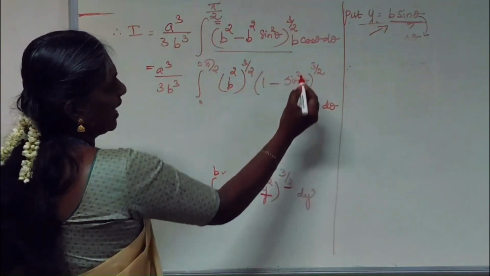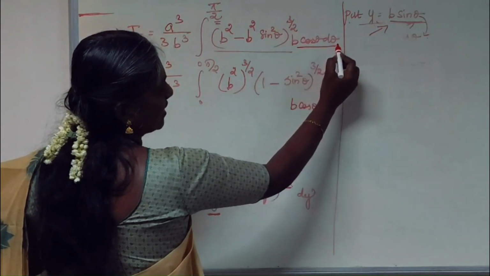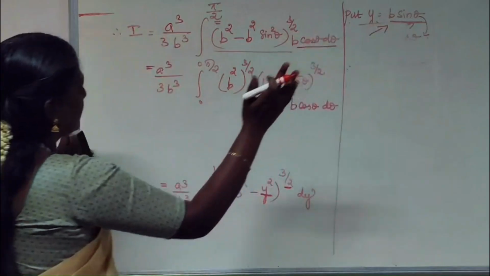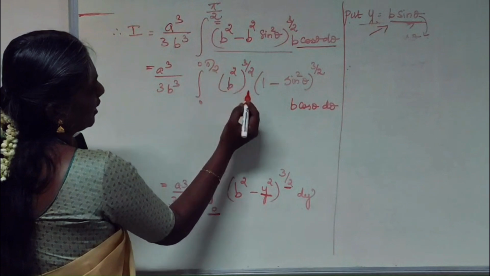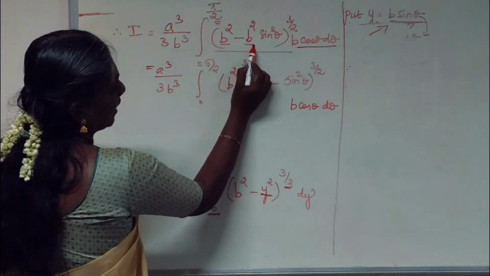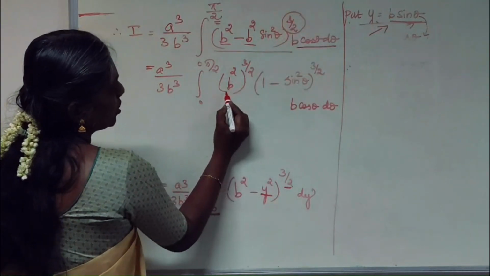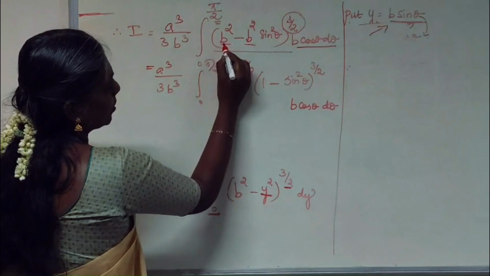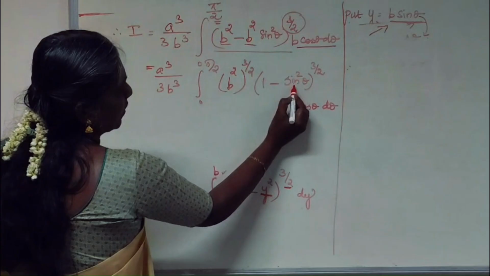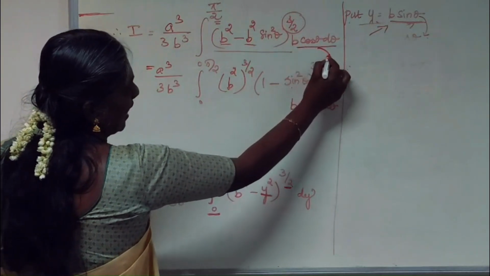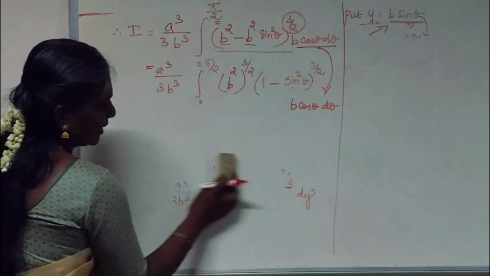And dy is b cos theta d theta. That is equal to a cube by 3b cube integral over 0 to pi by 2. I want to take one b squared outside. So b squared, the whole power 3 by 2, and remaining here 1 minus sine squared theta the whole power 3 by 2, and b cos theta d theta.